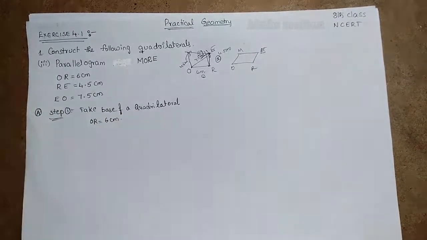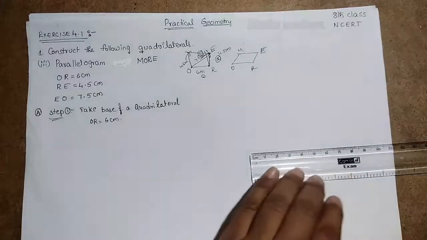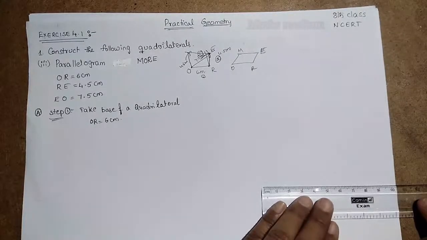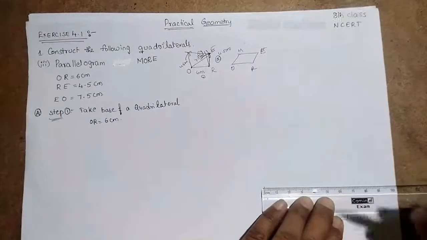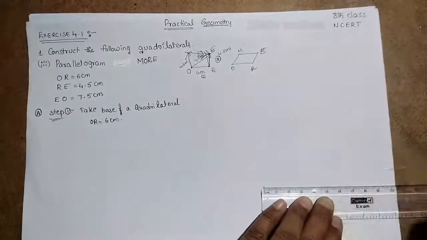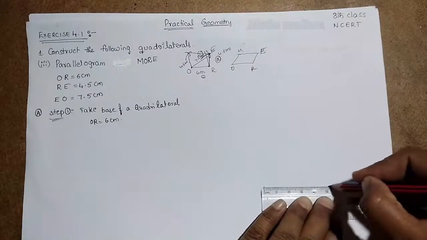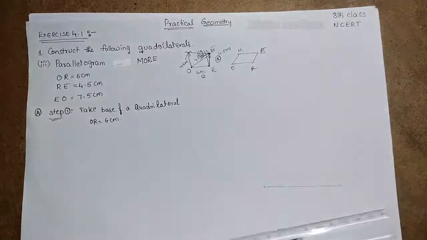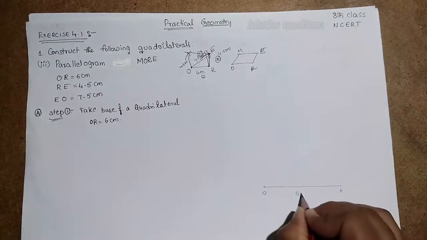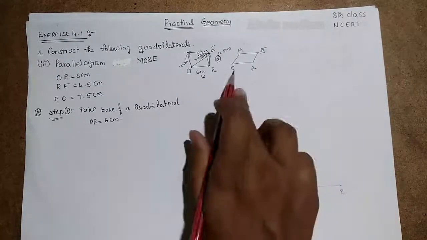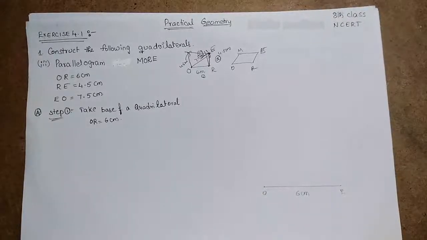Take the help of a scale and mark a point O, that is 0, and take 6 centimeters to another point. Joining these two points, we get a line OR of 6 centimeters. This is step 1, which we have completed already. Next, coming to step 2.